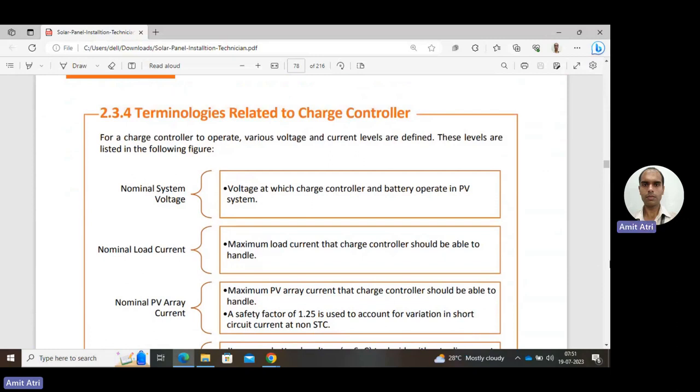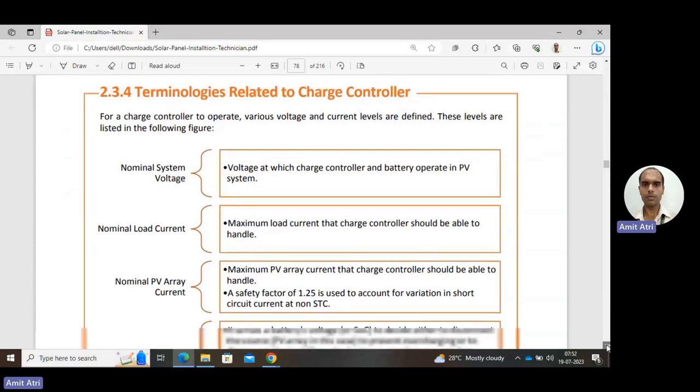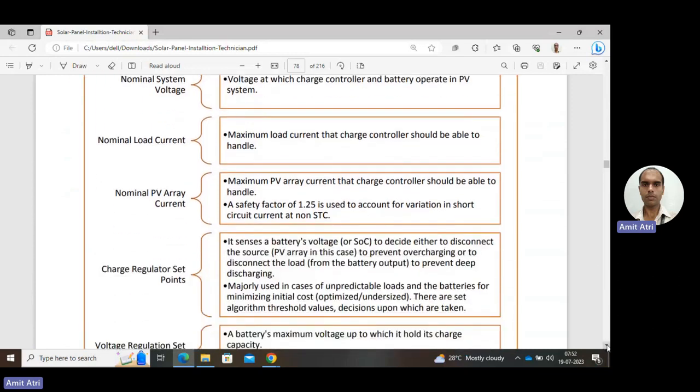Terminology related to the charge controller. For a charge controller to operate, various voltage and current levels are defined, like the nominal system voltage. This is the voltage at which the controller and battery operate in a PV system, the rated or operating voltage. Nominal load current is the maximum load current the charge controller should be allowed to handle.